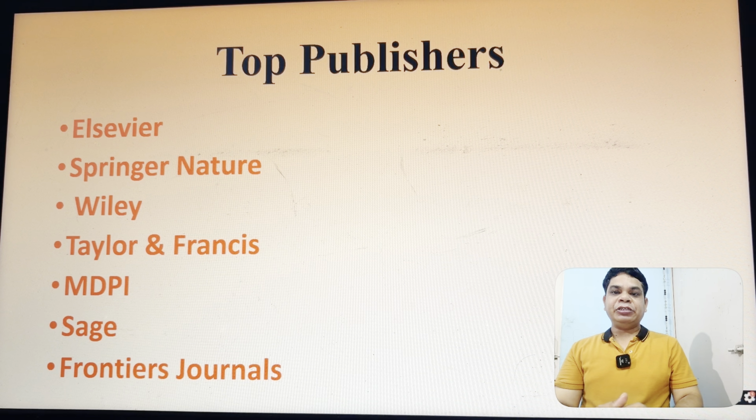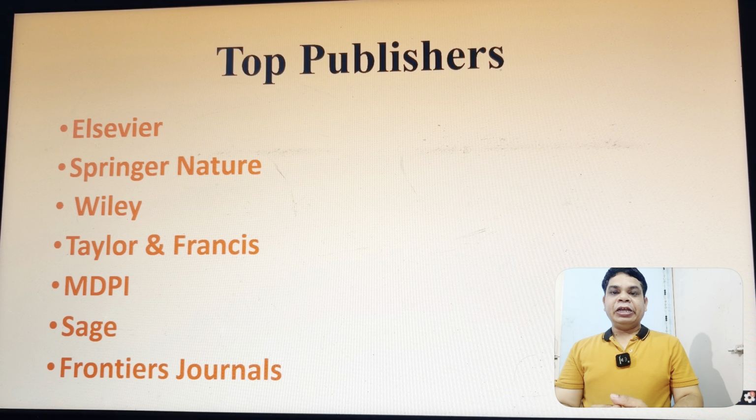Like if your study is related to environmental issues, climate change, livelihood security and that kind of thing, and you are submitting in a Sage journal, then it may take time to publish or may be rejected. While Elsevier will easily accept your paper and consider it for publication. Simultaneously, Springer Nature basically accepts all 17 sustainable development goals.